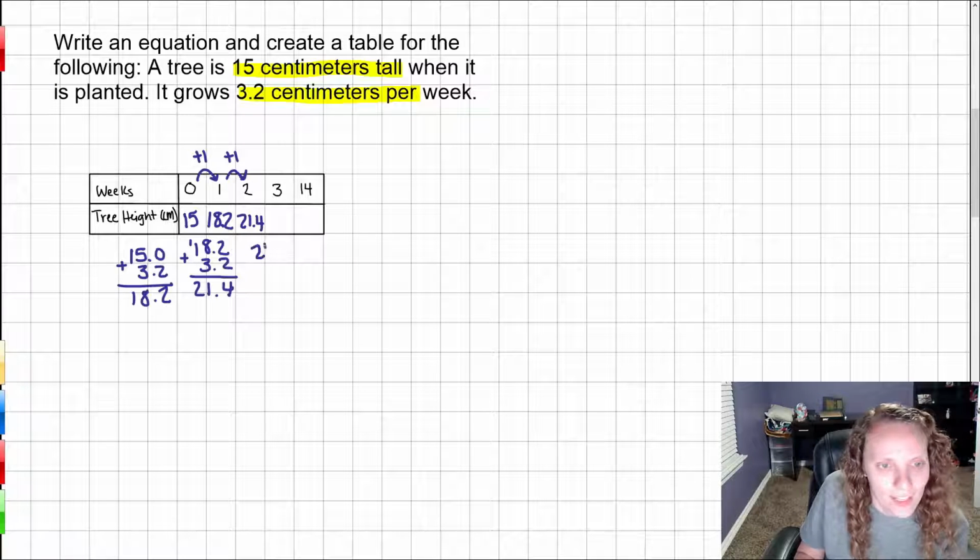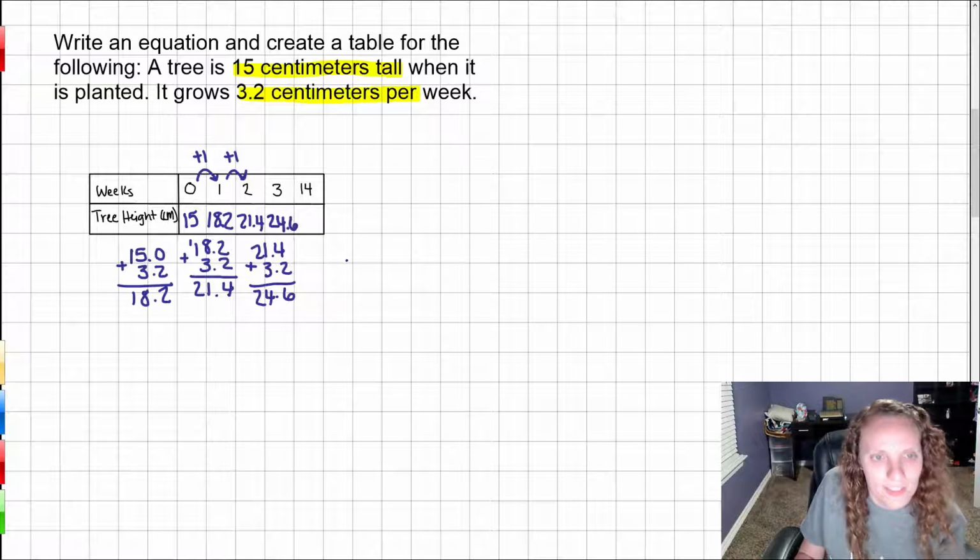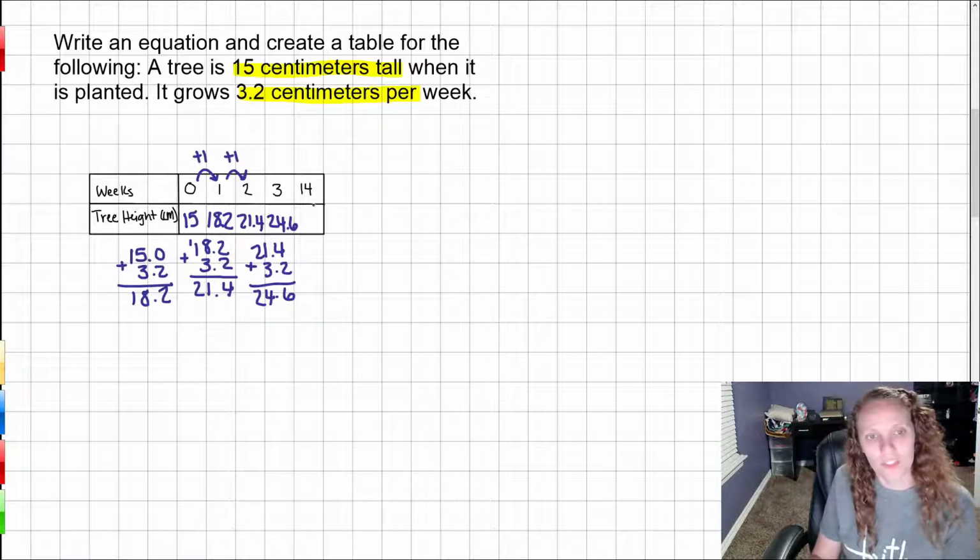And then take that answer and add 3.2 again. That would be 24.6. Now the table wants us to predict for 14 weeks.